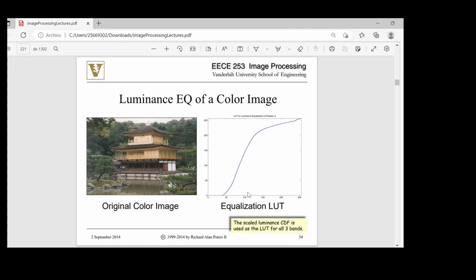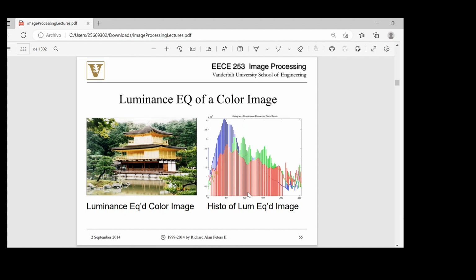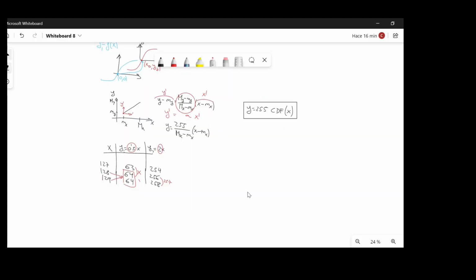And then this is the one that I will use. And now this is the color bands now corrected according to the CDF of the luminance. So let's try to write that. Here I didn't specify the CDF of whom, but we can say the red color at a given point.